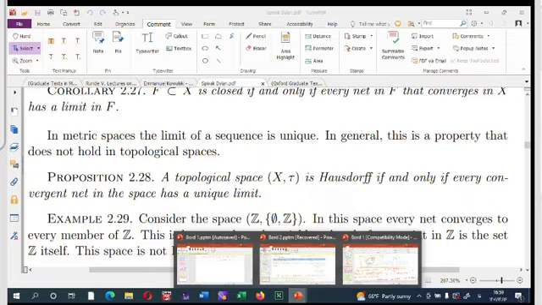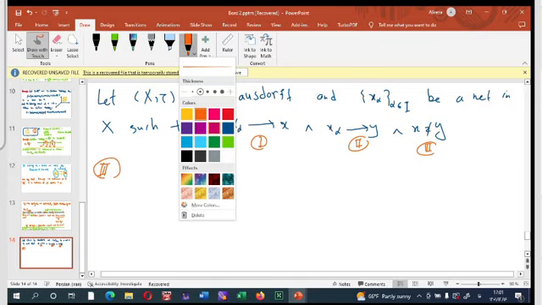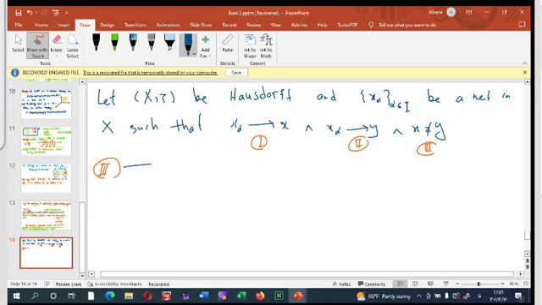From 3 we have, because X is Hausdorff, there exist two open sets U and V such that x belongs to U, y belongs to V, and the intersection of U and V equals the empty set.